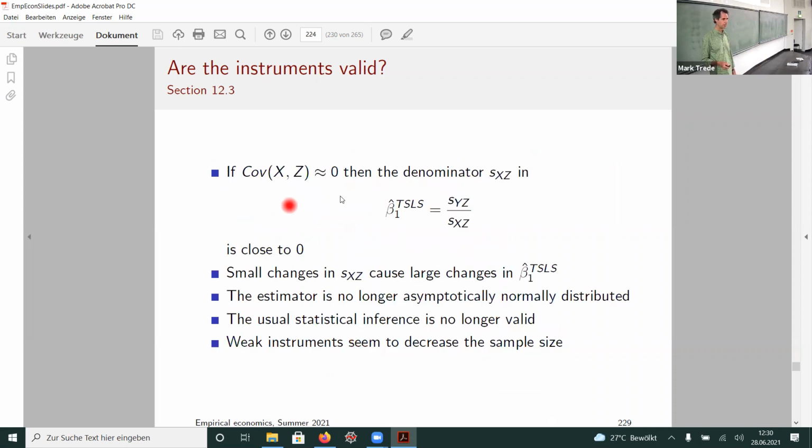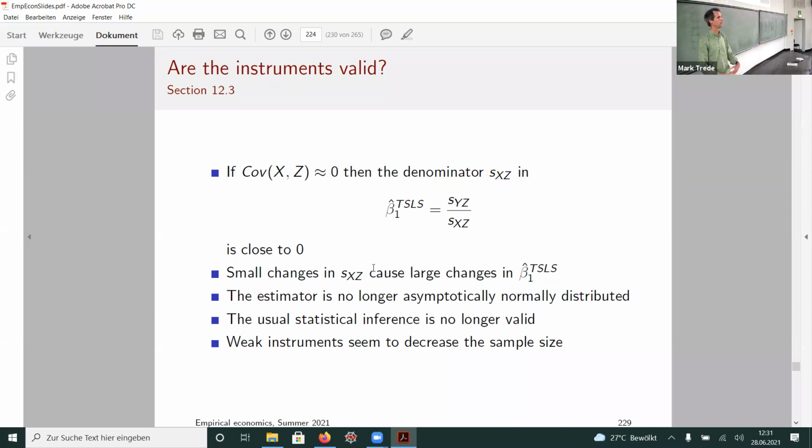So if the theoretical covariance is 0 or very close to 0, then the denominator down here will let the whole thing just explode, and you will get really large changes in the estimator. So just by chance, you might get a very, very low negative value, or just by chance, you will get a very, very high value.